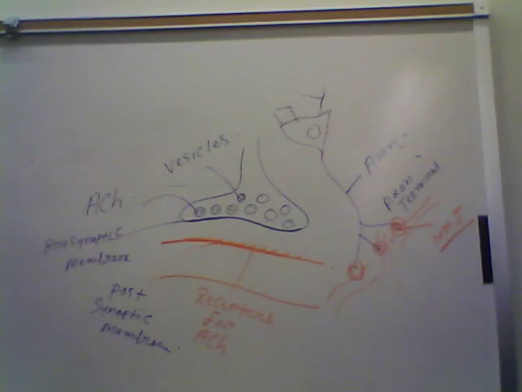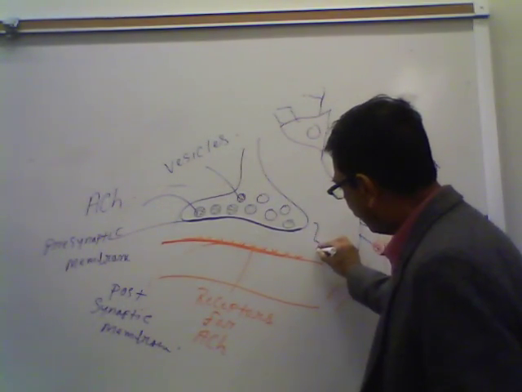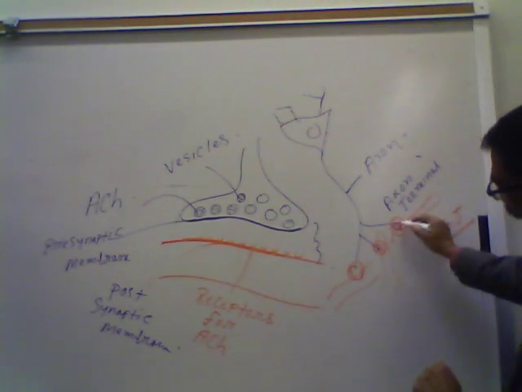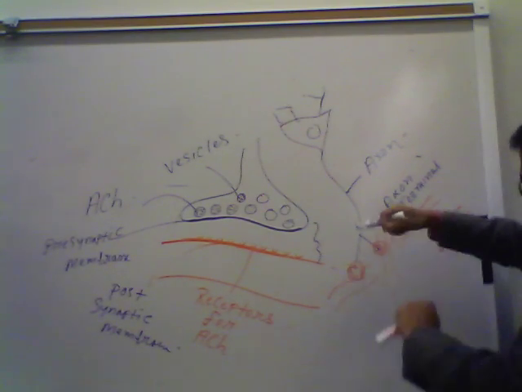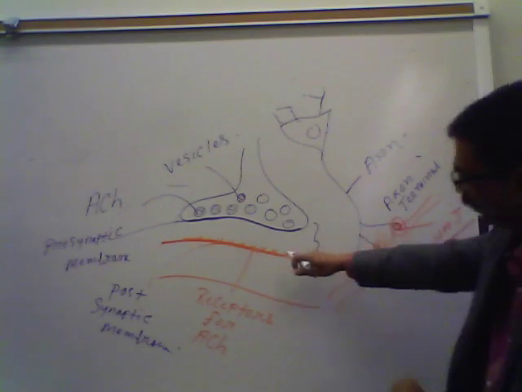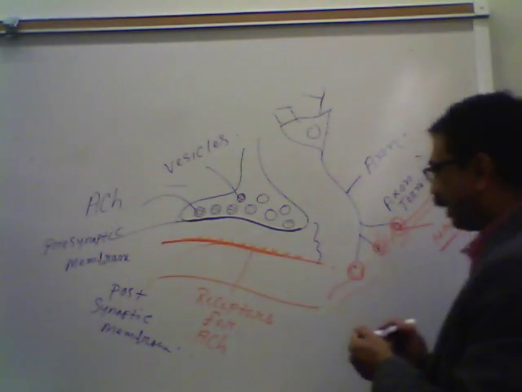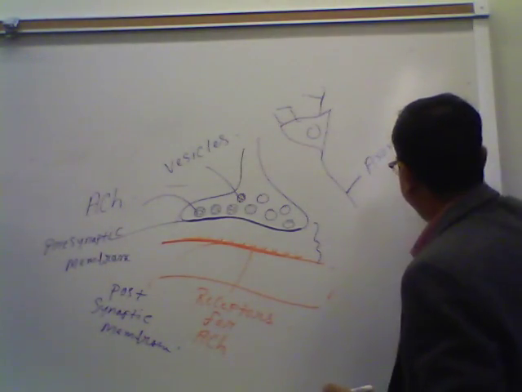Now this gap here: you see that the axon terminal is not directly attached to the muscle fiber. That's why I left a little gap. The axon terminal is not physically attached to the muscle fiber. There is a gap, and that gap is called the synaptic cleft.